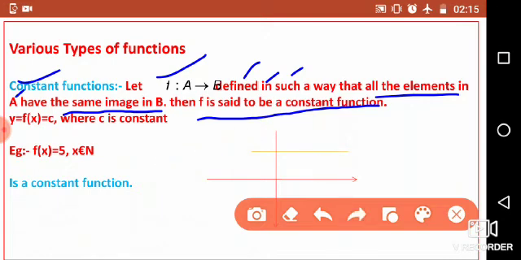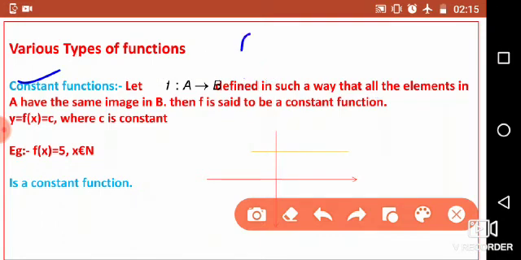For example, suppose I take y or f of x is equal to 5. A and B are two non-empty sets, and A has the elements 0, 1, 2.